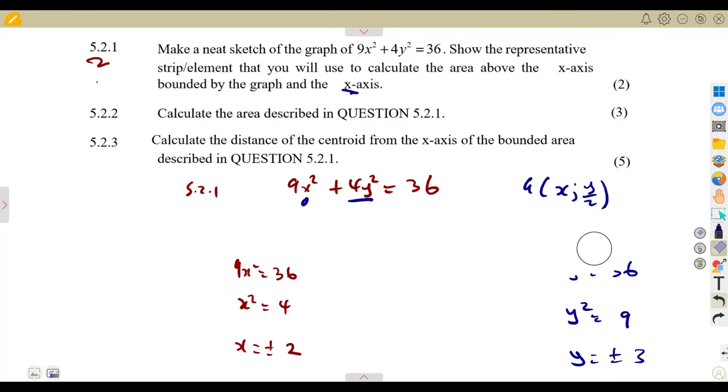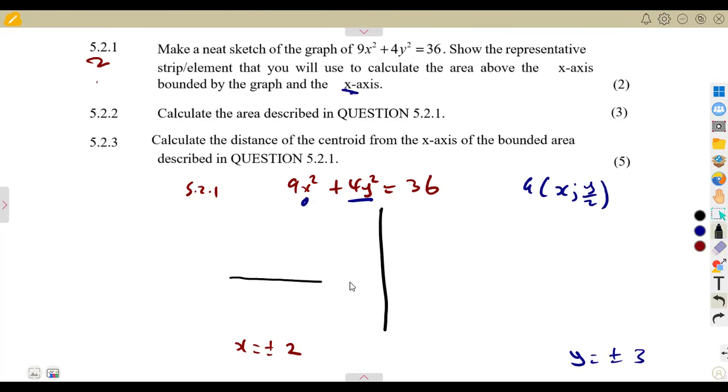So guys, I'm just going to erase because if I don't, this board is going to affect us. This is just a sketch that you're going to have, the x-axis and also the y-axis. That's the 0 there. Maybe our x plus 2 is somewhere here, and maybe minus 2 is somewhere here.